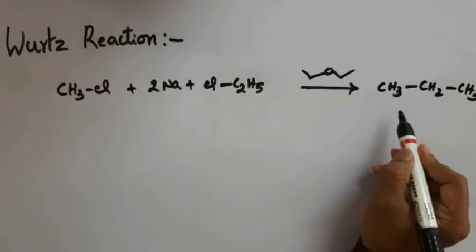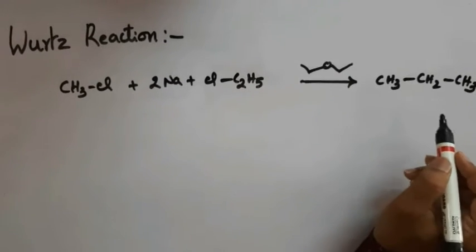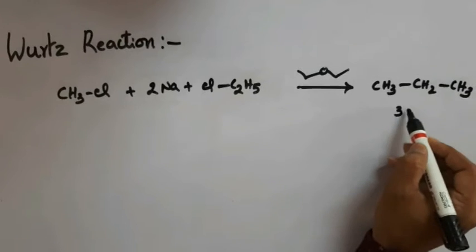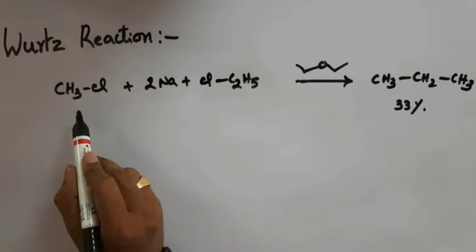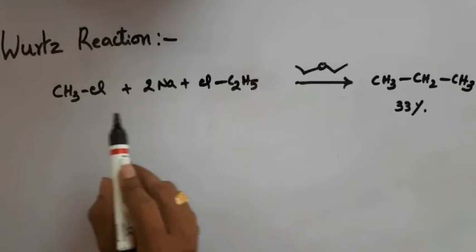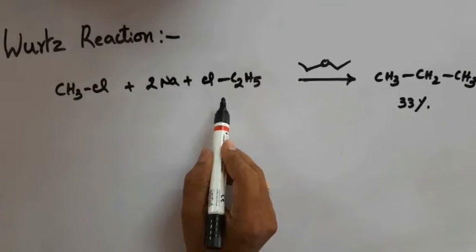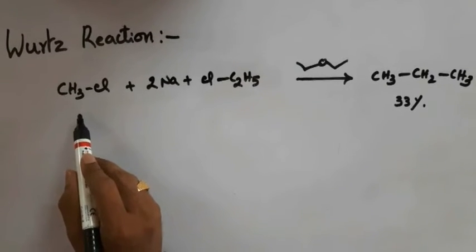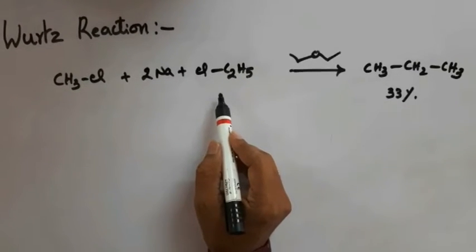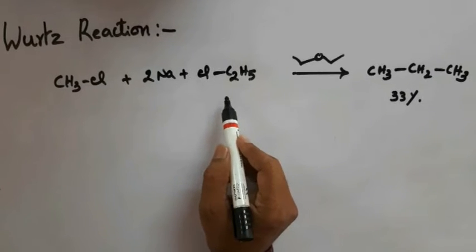But the amount of propane product that we are going to get here is only 33%. Why? Because I can never take just 1 molecule of methyl chloride and 1 molecule of ethyl chloride. I will be taking a sample of methyl chloride which contains so many methyl chloride molecules, and similarly a sample of ethyl chloride which contains so many ethyl chloride molecules.